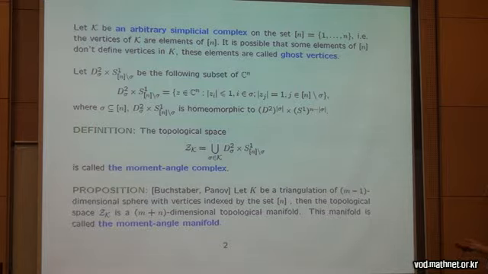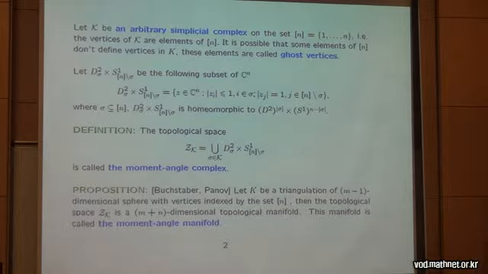Okay. So if K is a triangulation of an (n minus one)-dimensional sphere, then this topological space is actually an (m plus n)-dimensional topological manifold, and this manifold is called the moment-angle manifold.